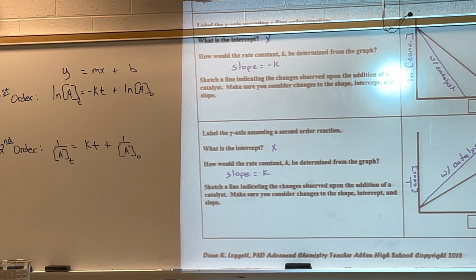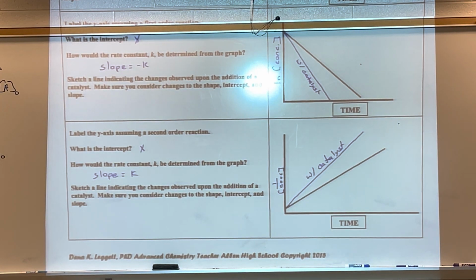So this one is positive here, so this is just slope equals k. All right.